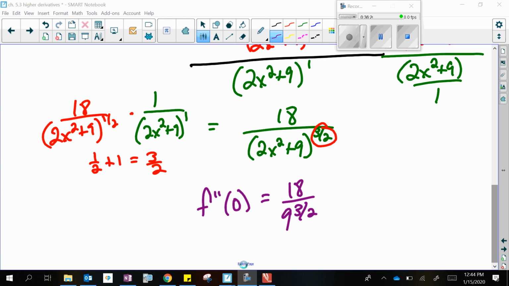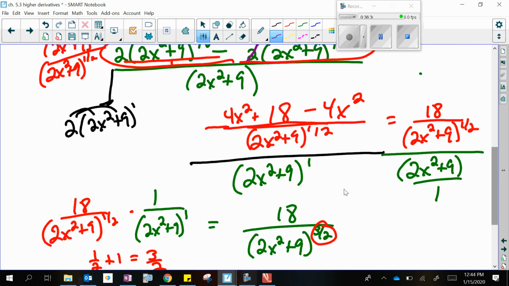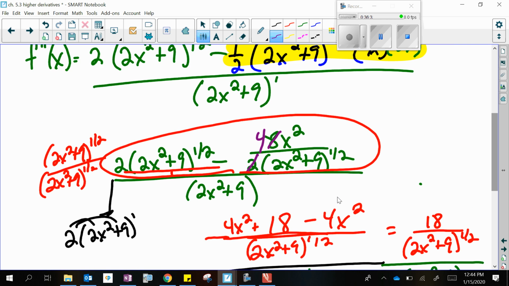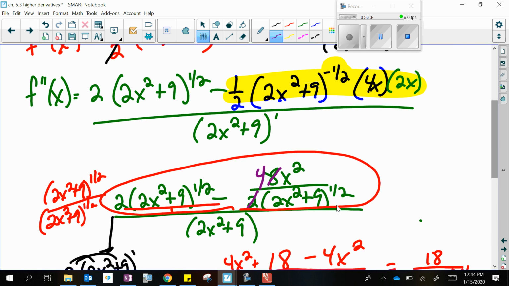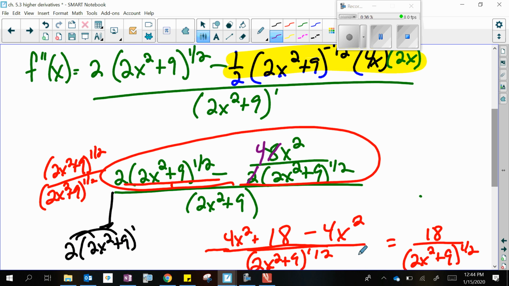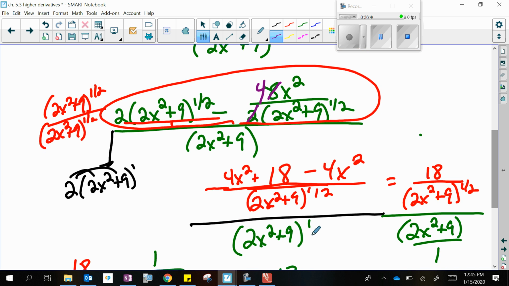With that, you just have to plug it into the calculator. Okay? Questions about that? So again, on this one, whenever you're making another layer in a numerator, you've got to stop, take the numerator out, and get a common denominator for that.